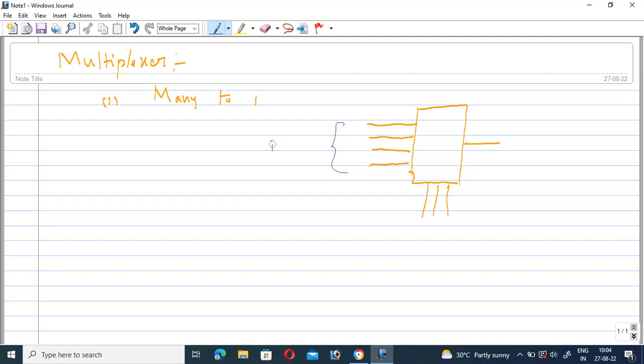This is the output. So we can represent it as 2 power n into 1.